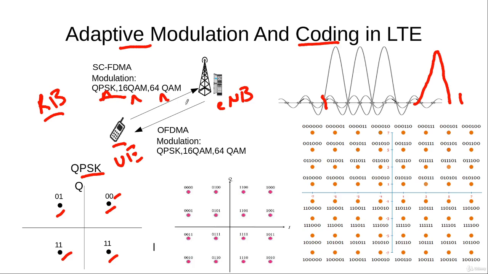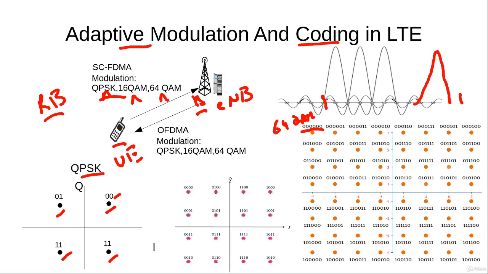Now if the user equipment is very near to the base station, then it is most likely that its channel conditions are very good, and in that case this user equipment would use the 64 QAM modulation scheme, where the user equipment is sending 6 bits per sample. And whether the user equipment is here or here, in both cases the sample rate is fixed.